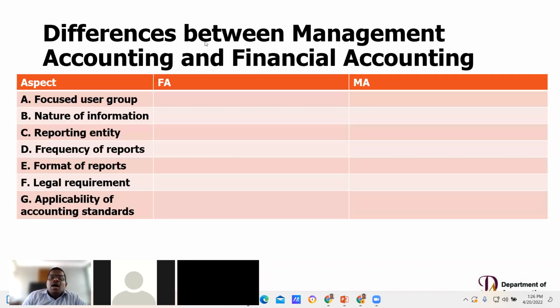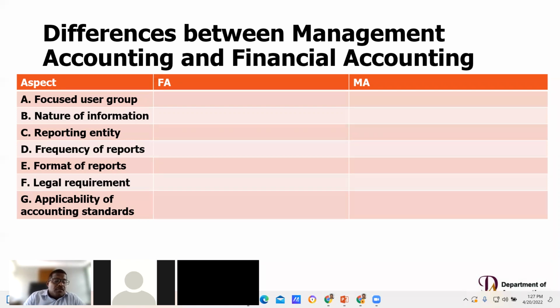Just to make you active, we have put one activity. Can you think about the differences between financial accounting and management accounting? We have given seven variables just for lecturing purposes. Based on these seven variables, you can compare management accounting and financial accounting, or if you want, you can add more variables.